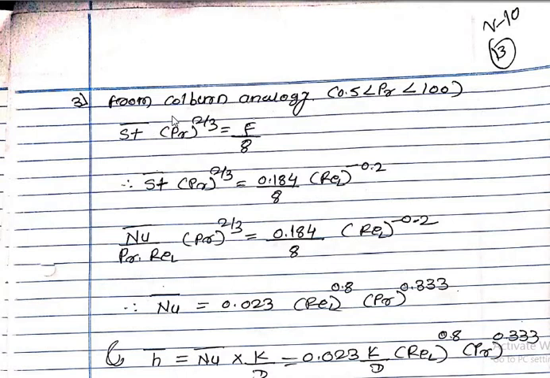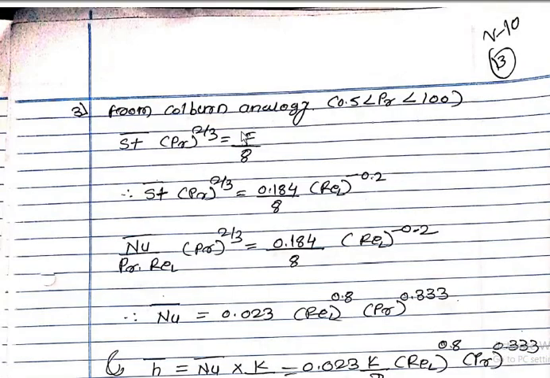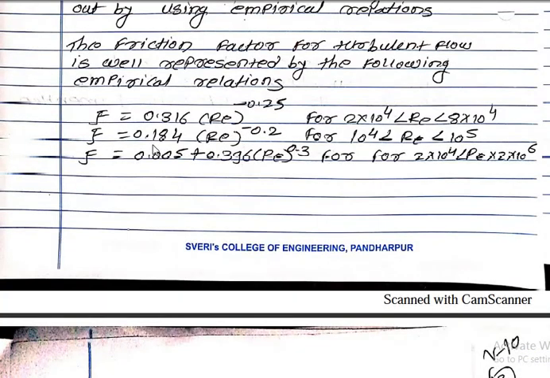In the Colburn analogy, we know that Stanton number multiplied by Prandtl number raised to 2 by 3 is equal to f divided by 8. So instead of this particular f, that is nothing but the friction factor, we have to consider our second correlation, that is friction factor equal to 0.184 multiplied by Reynolds number raised to minus 0.2 for Reynolds numbers between 10 raised to 4 and 10 raised to 5.